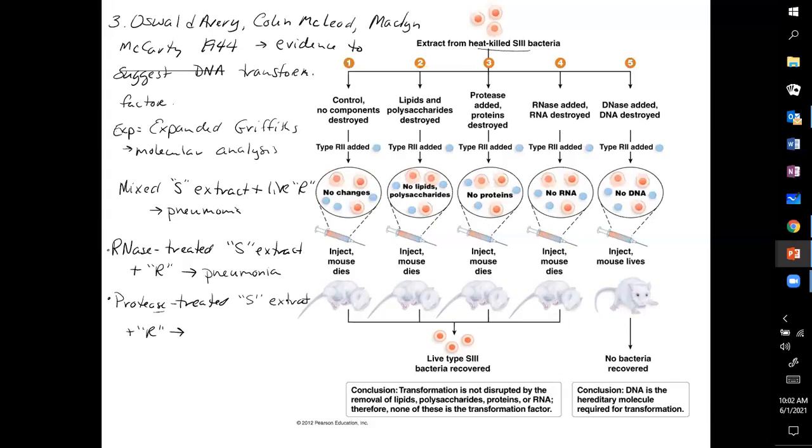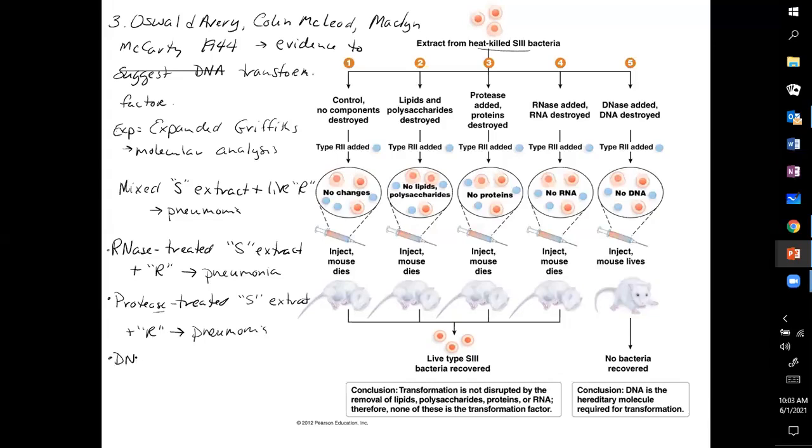So now you've eliminated proteins, right? And this was the major hypothesis at the time, that it was proteins doing the transformation. If you got rid of proteins in this S extract, you did not get rid of the transformative factor, and the mice still got pneumonia. So that suggested that proteins were not the factor.